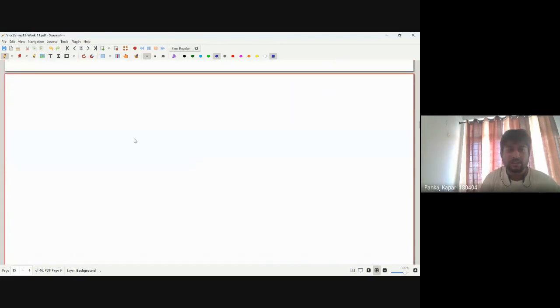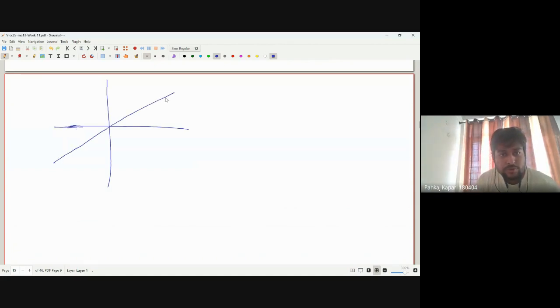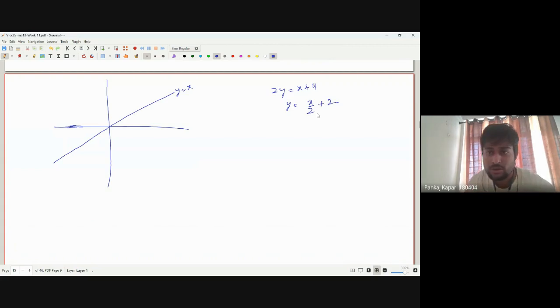Okay, let's again draw this picture. So there are two lines. One is y equal to x, another is 2y equal to x plus 4, which is precisely y equal to x by 2 plus 2. So it has slope half.